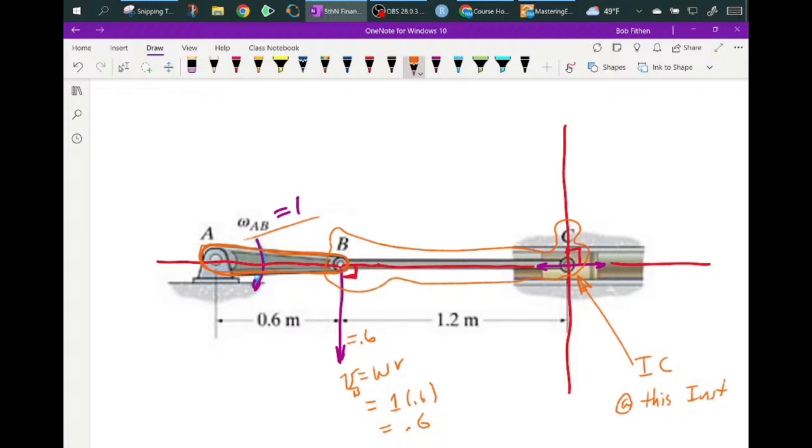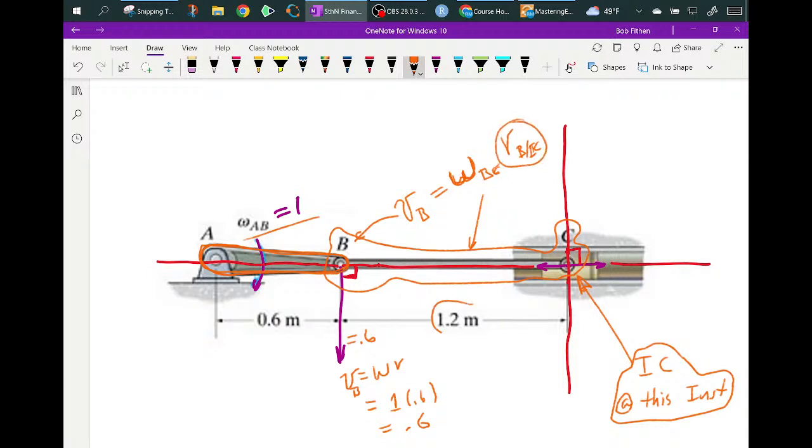Now, if we're looking at this link now, it appears to be rotating about this point, and it's omega. So V of B is equal to omega of BC times the distance, or the R, from B to the instant center, and that happens to be 1.2.